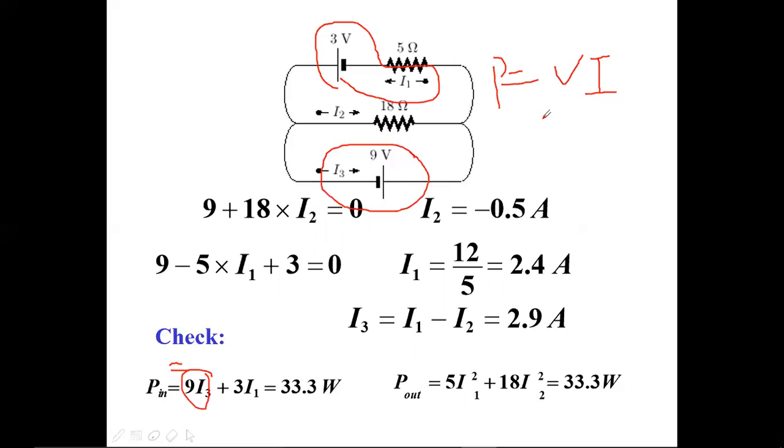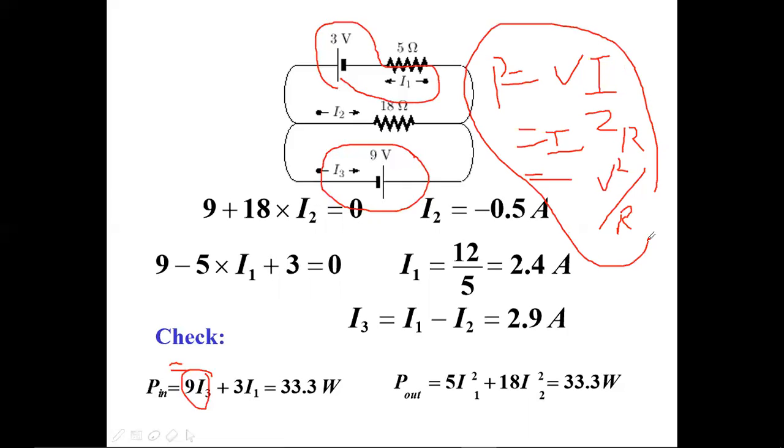Or sometimes I square R, or sometimes V square by R. Based on the parameters given in the problem, you can follow any one of the equations. But particularly, if there is any load like R, L, C, you should always follow I square R for measuring output power. If the circuit is given on the supply side, you should follow V into I for input power.